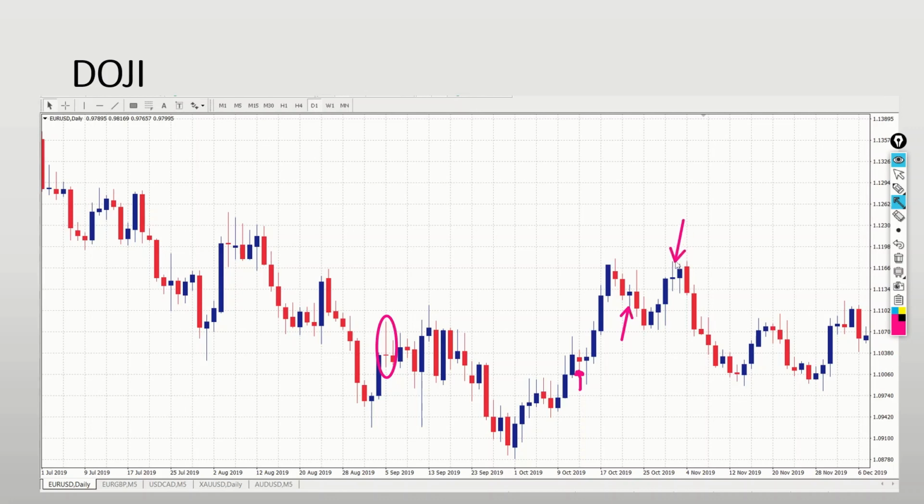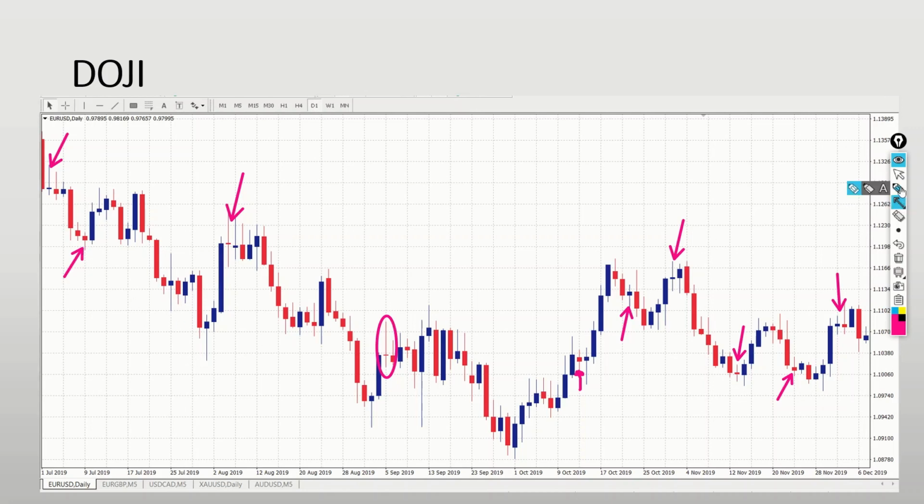This one can be a long-legged doji, but it looks more like a standard doji. We have a standard doji right down here, then another doji right here. Dojis are always so many in the market. We have a doji here, a doji here, and then a doji here.